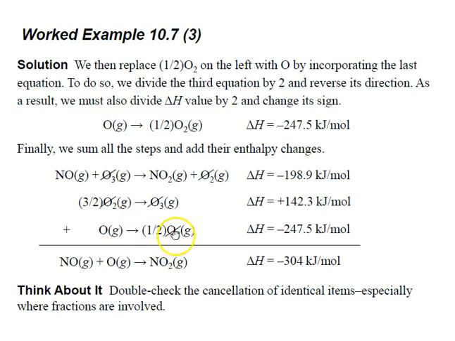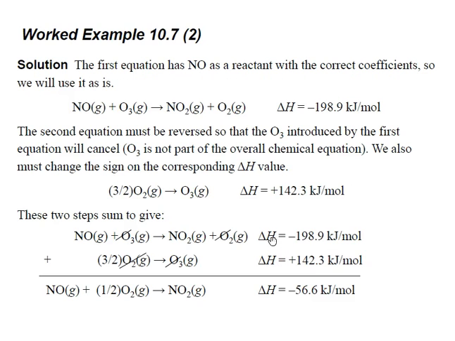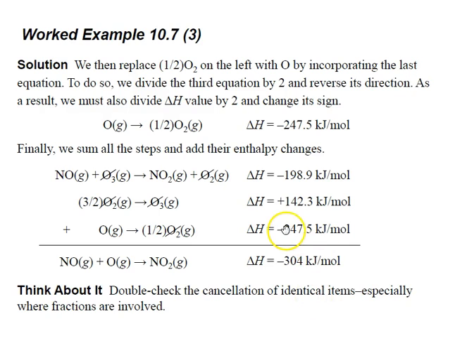That would allow the 1/2 oxygens to cancel, rather than rewriting these two again. You get nitrogen monoxide plus singlet oxygen gives NO2, and then you find the change in values just by taking the difference of negative 56.6 and 247.5. So a negative and another negative is going to be more negative. So negative 304 kilojoules per mole.